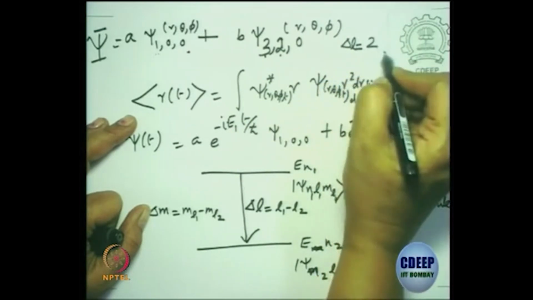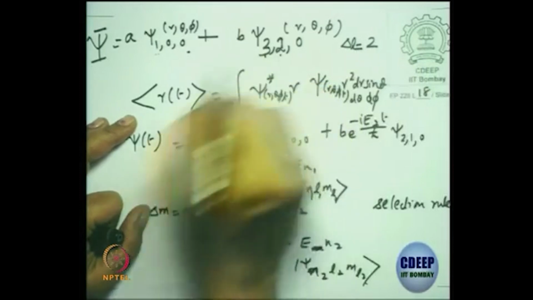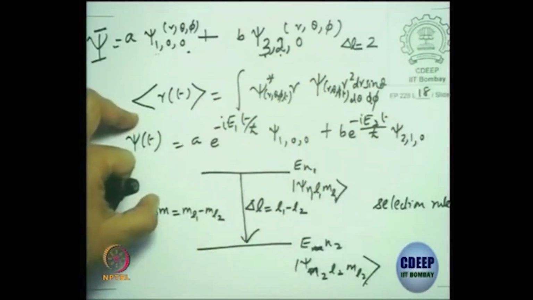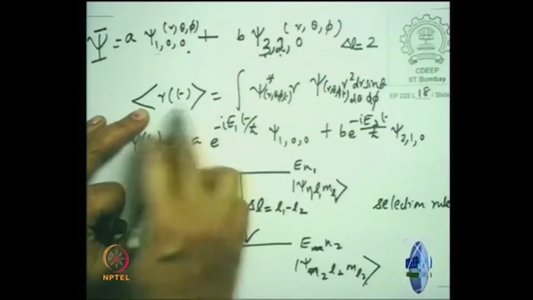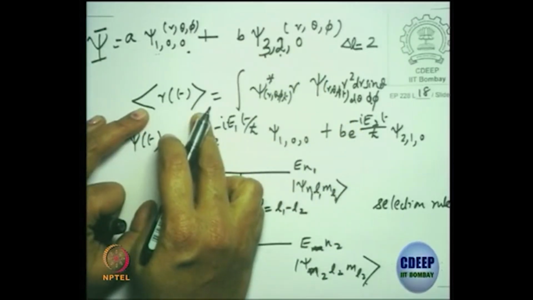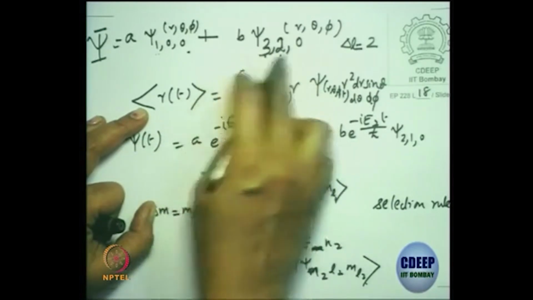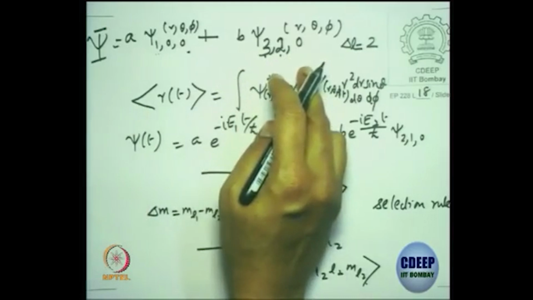Delta l is 2, but the selection rule tells me delta l has to be plus or minus 1. So for this wave function, if you try to do the expectation value of the radial coordinate, it will turn out to be 0, but for the earlier one which I took, this 2 1 0, it will be non-zero.